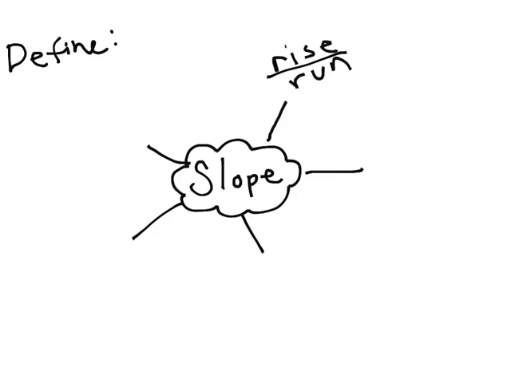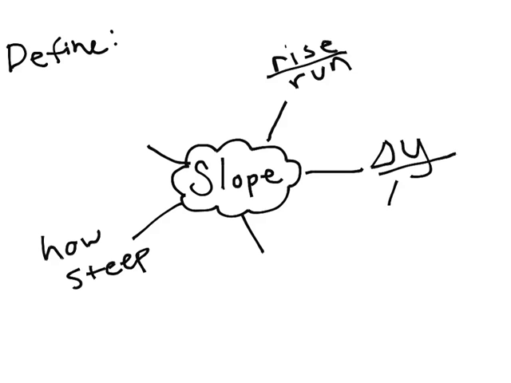We also have, for example, when we're talking about our hills, how steep is it, right? How steep is the slope? Additionally, you may have also heard this in math class. I really like delta, so it's delta y, so change in y, over delta x, or change in x.